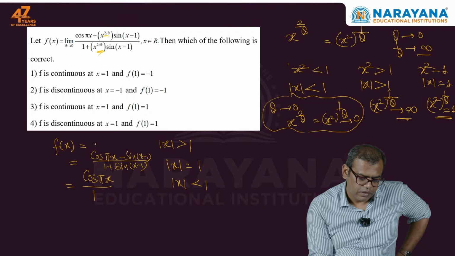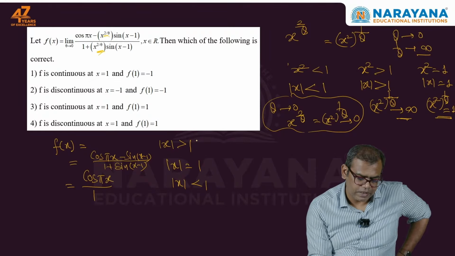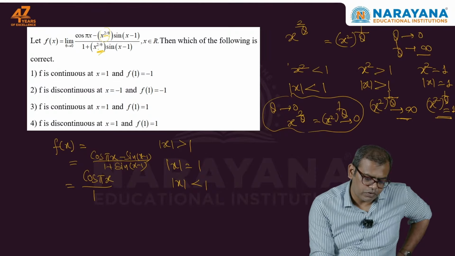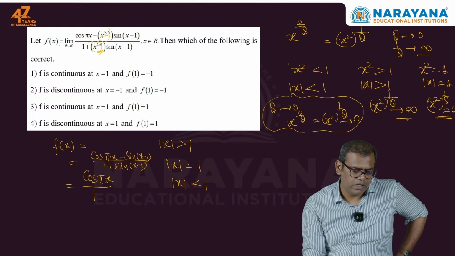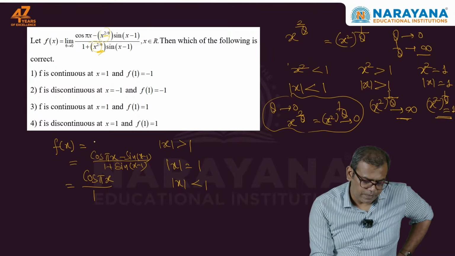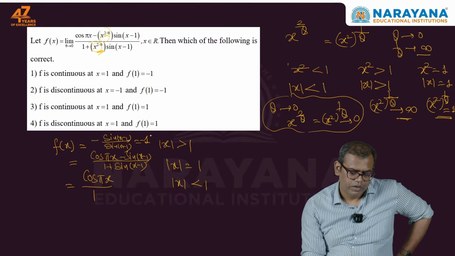And in the first case, when mod x is greater than 1, this will approach infinity, so divide by this factor in the numerator and denominator. In that case, it will be left with minus sine of x minus 1 by sine of x minus 1, so that will be exactly minus 1.